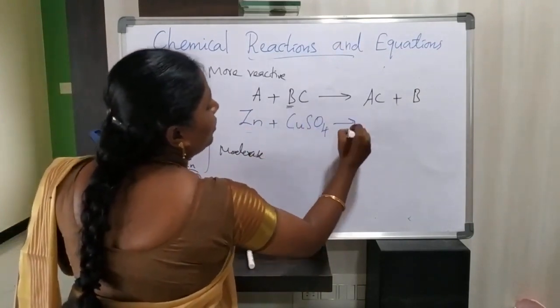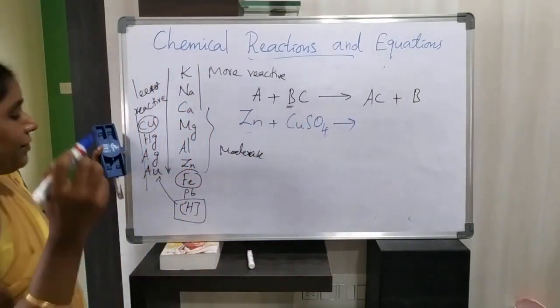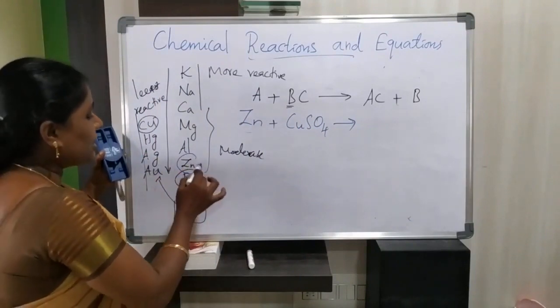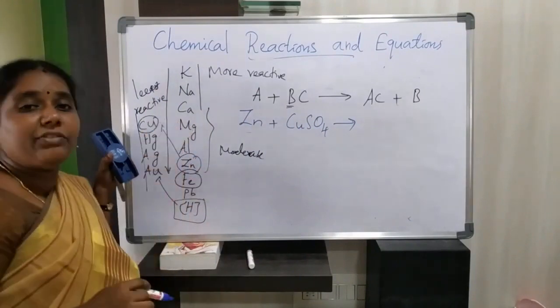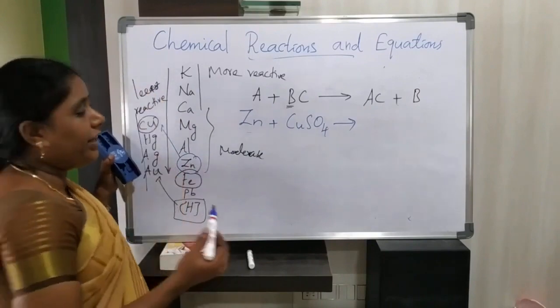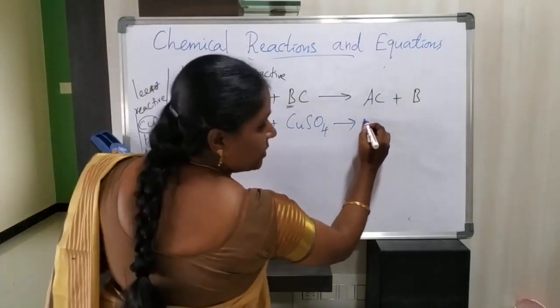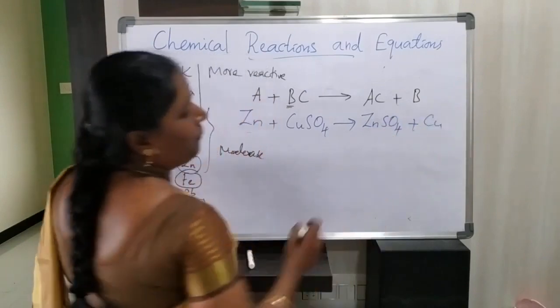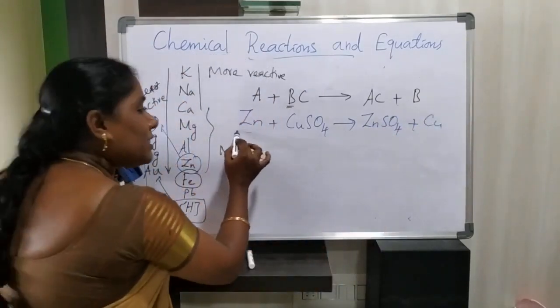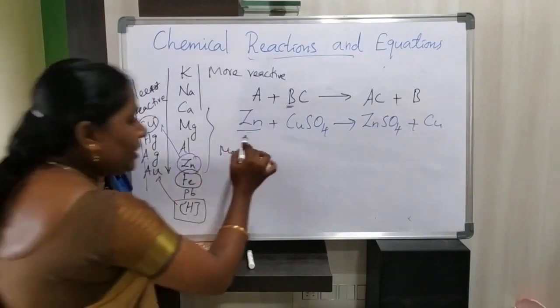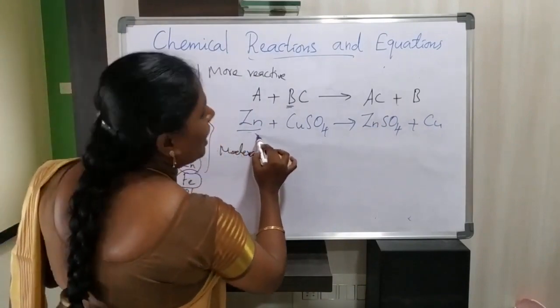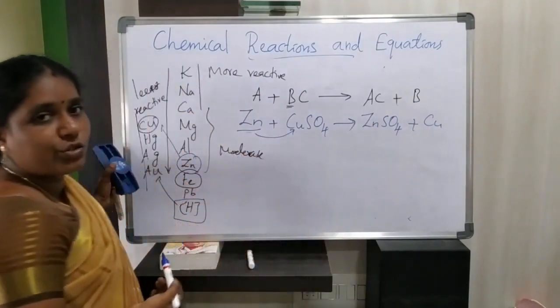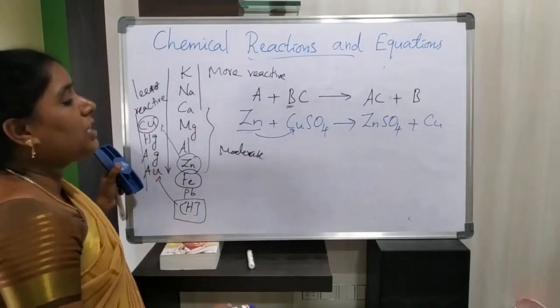What happens now? If zinc reacts with copper sulfate, where zinc is more reactive than copper or less reactive than copper? It is more reactive than copper. So here also the reaction takes place, that is zinc sulfate and copper. Here zinc is the more reactive element, so this zinc displaces copper from its salt solution.